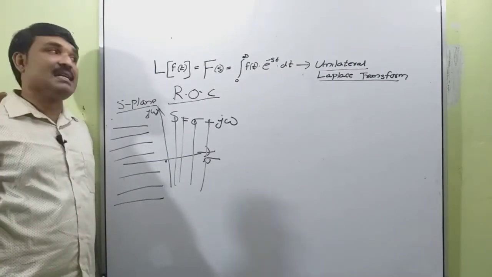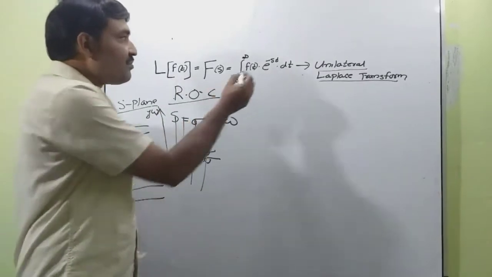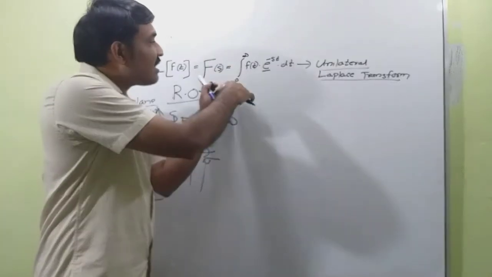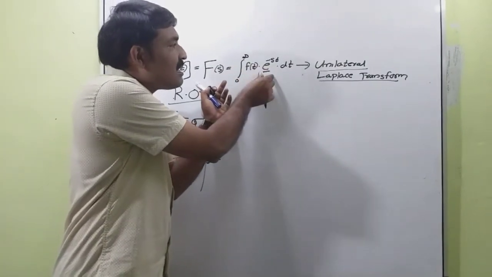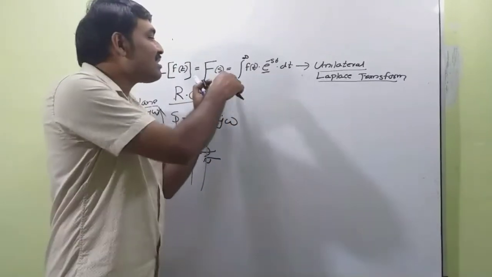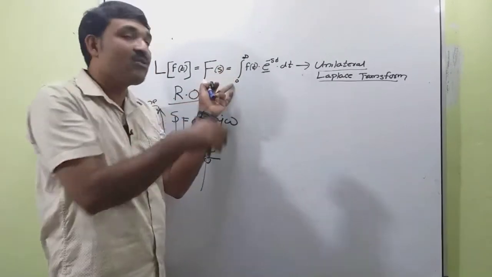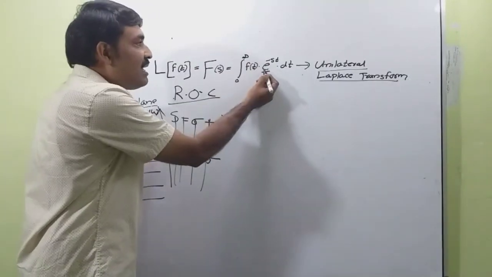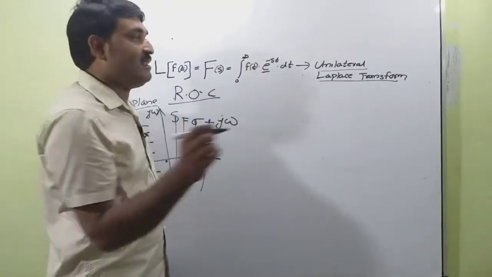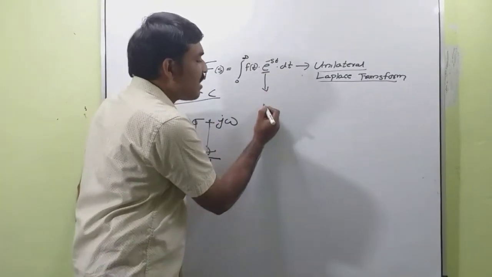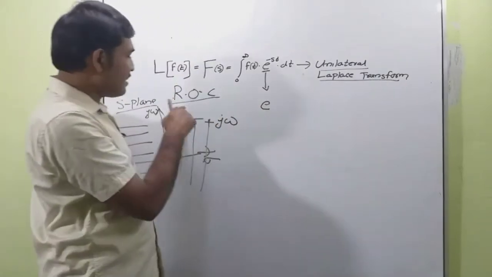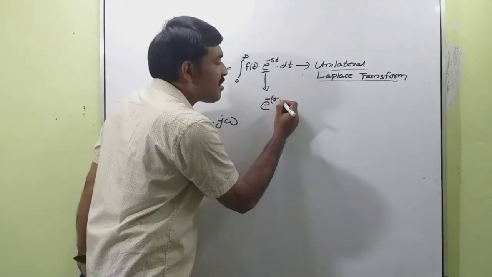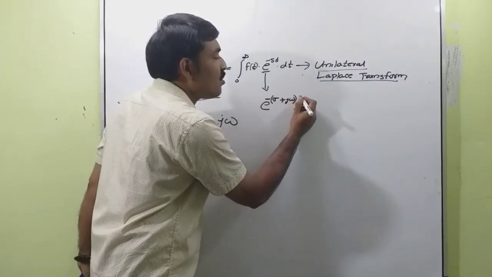What is the importance of this S? Now I am taking this term e raised to minus st. The transformation is from the integration, f of t multiplied by e raised to minus st, and we are integrating with respect to t. The lower limit is 0 and the upper limit is infinity. Now what is the relation between e and s? Let us check. I can write e raised to minus st with s equal to sigma plus j omega, so e raised to minus of sigma plus j omega times t.